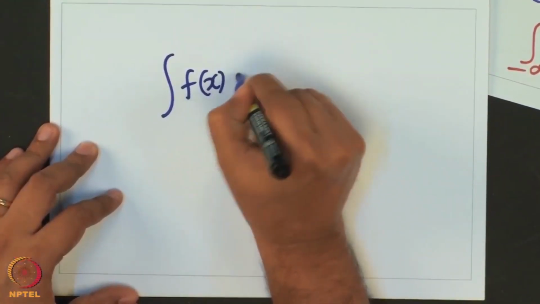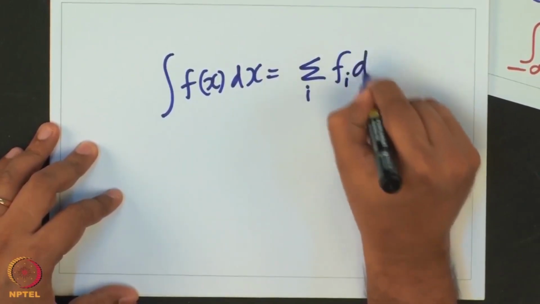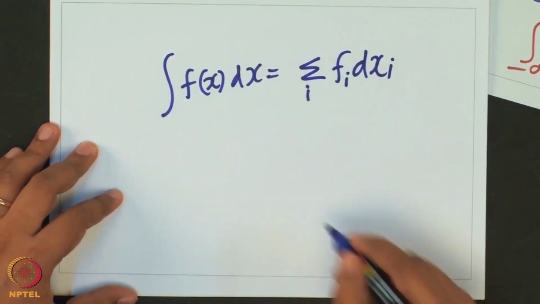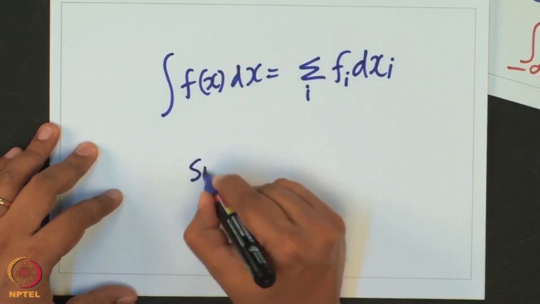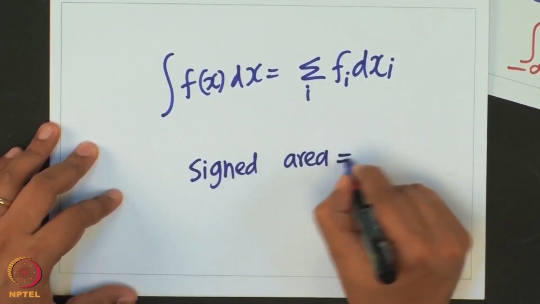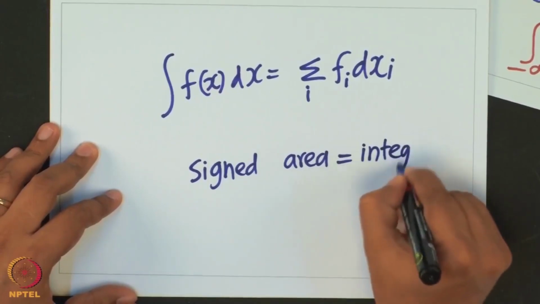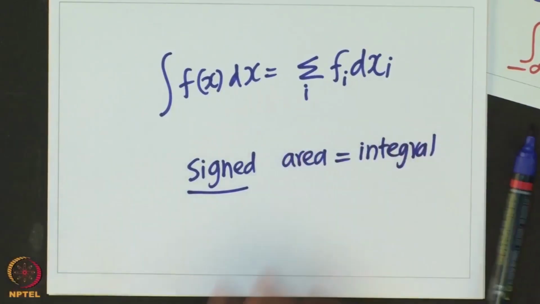So the two very important lessons to take away are: first, integral f of x dx can be written as the sum over i of f i dx i. And second, if you calculate the signed area, you will get the integral. You have to put the sign on the area. These are the two takeaway summary lessons, and with this we will stop this lecture and see you in the next lecture.